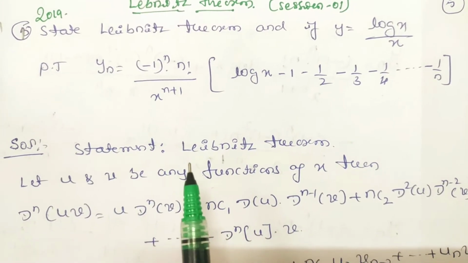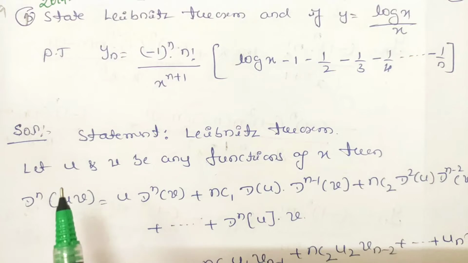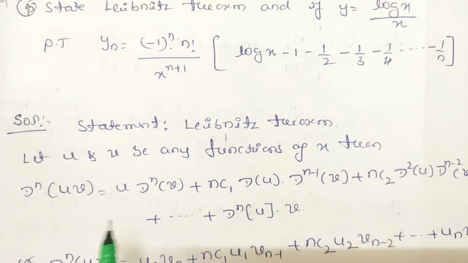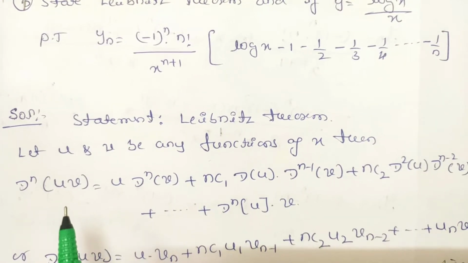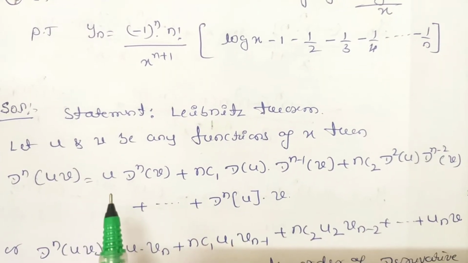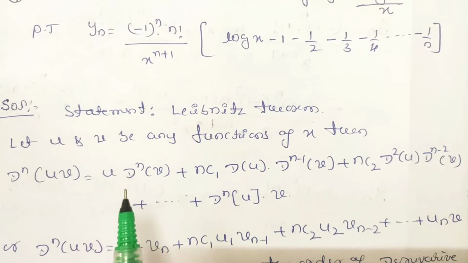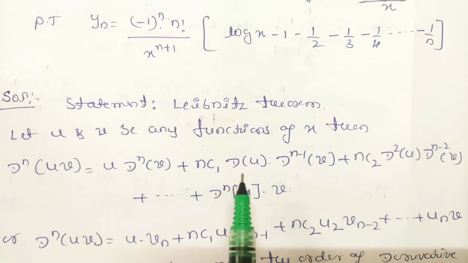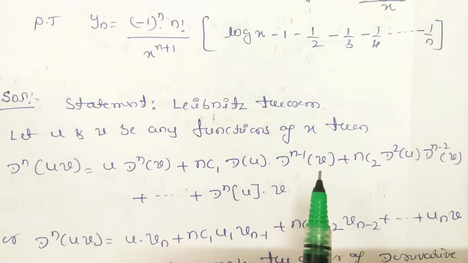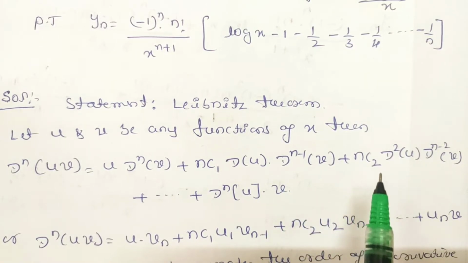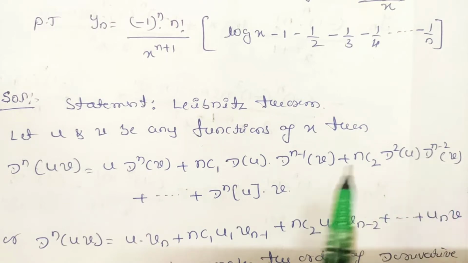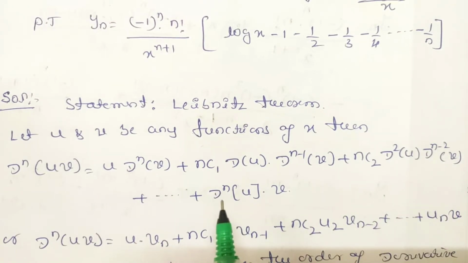The statement of Leibniz theorem is: let u and v be any two functions of x, then nth derivative of u into v is equal to u into nth derivative of v plus nC1 derivative of u into n minus 1th derivative of v plus nC2 second derivative of u into n minus second derivative of v etc. up to nCn.